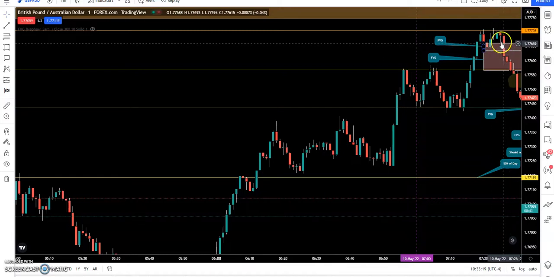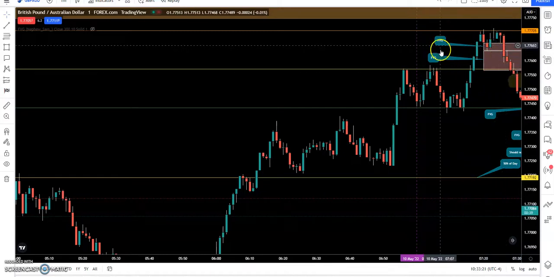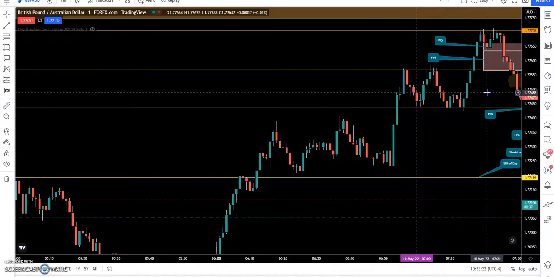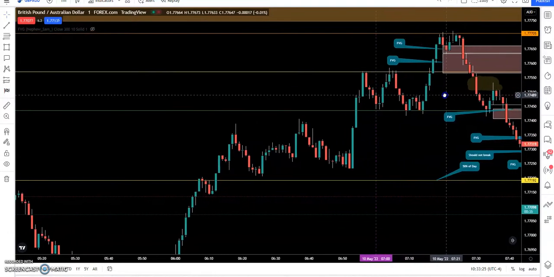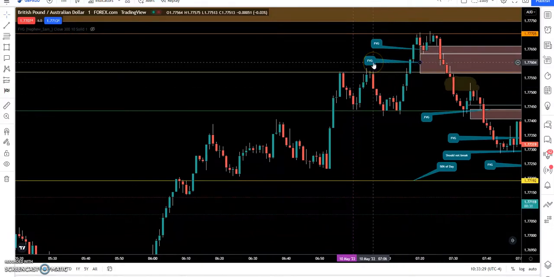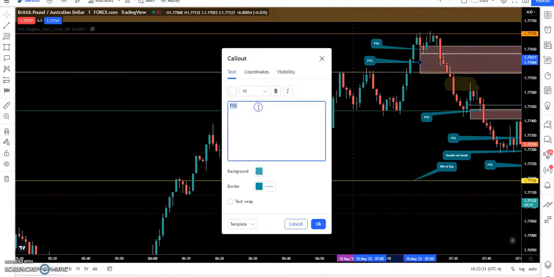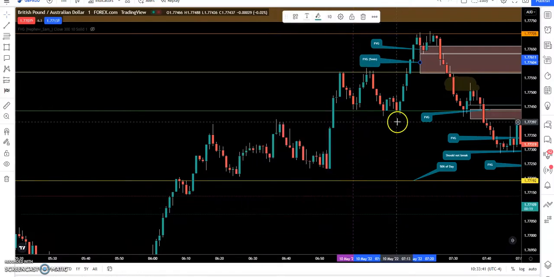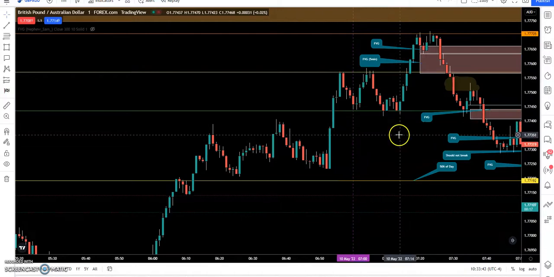So I quickly marked that out, put in a box, put in my note, and if I go across on the 5 minute, that is a fair value gap on the 5 minute. So just to confirm, that was a fair value gap on the 5 minute.